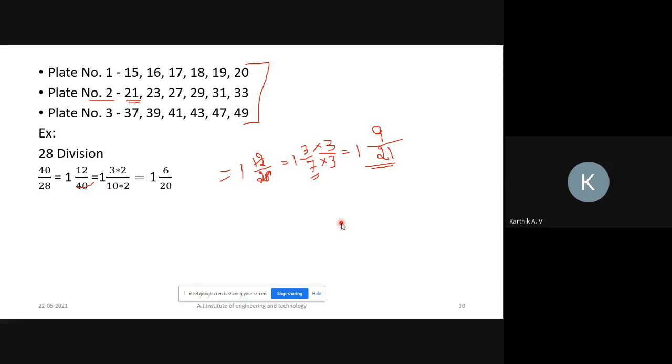So how much should we multiply to get any of the hole circles in the plate? In the denominator you just see. The denominator number is 4. So how much should we multiply to get any of the hole circles? Tell me. 16. 16 is nothing but plate number 1.